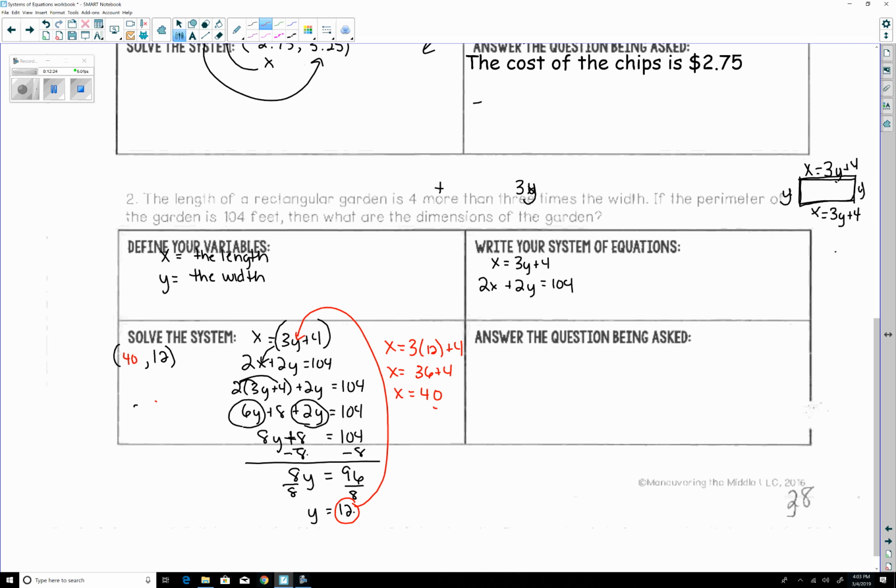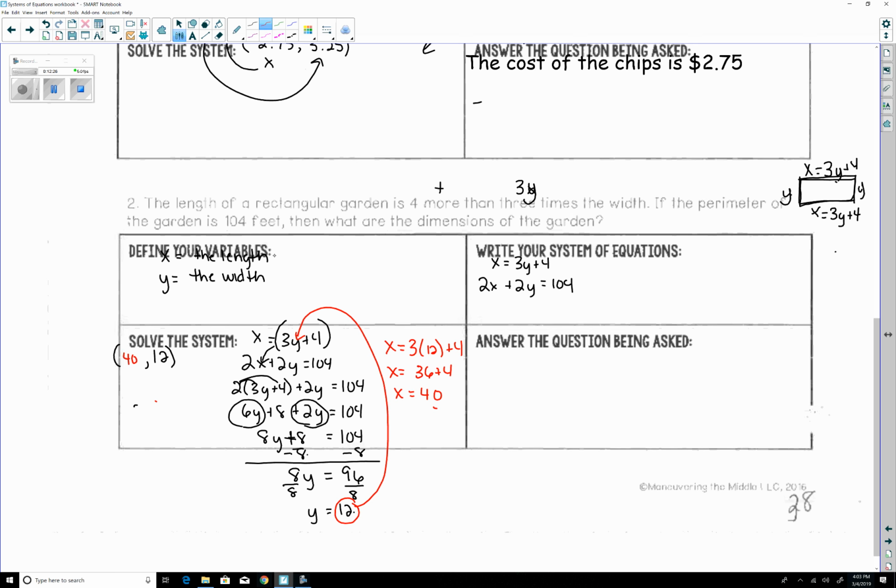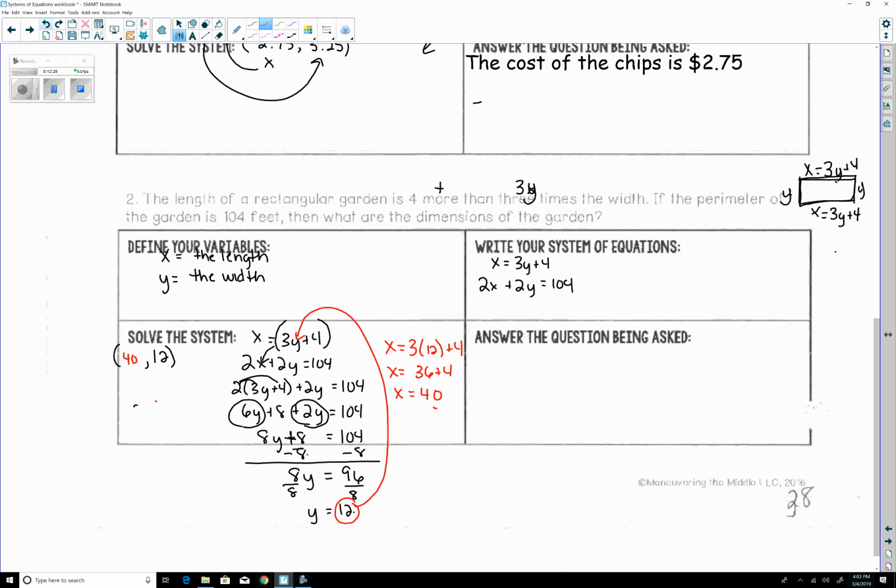So what does that mean? It means the length. Okay, why does that keep moving? The length is 40 and the width is 12. So what was the question? What are the dimensions of the garden? So I kind of answered that, but now I need to put it in words, and I can't find my cursor. There it is.